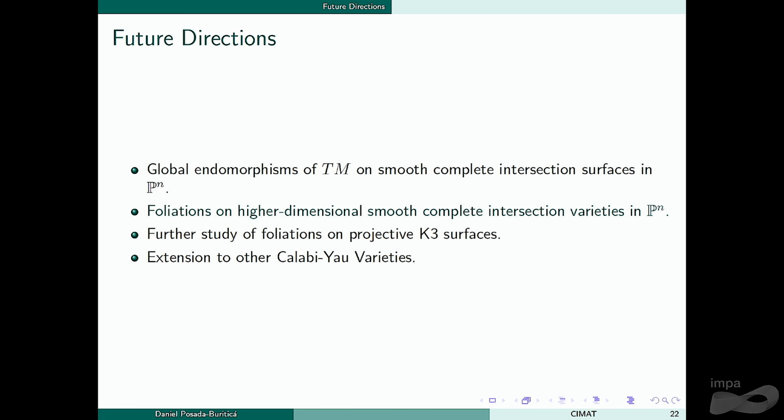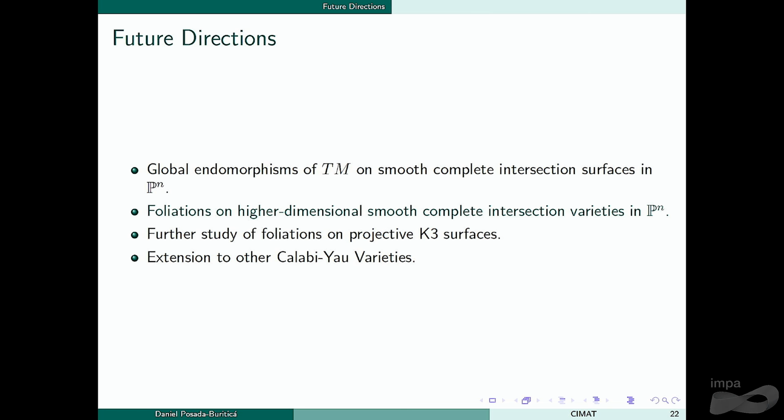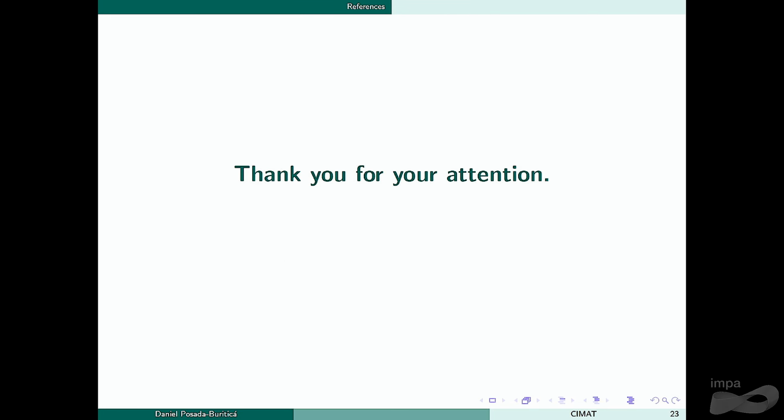Study foliations on higher dimensional smooth complete intersection varieties in Pm, specifically of even dimension, to complete the problem. We studied projective complete intersection K3 surfaces. Another future direction is to study projective K3 surfaces, not just complete intersections, through the moduli spaces, for example, and the extension of the results to other Calabi-Yau varieties of higher dimension. And that is the result, thank you.